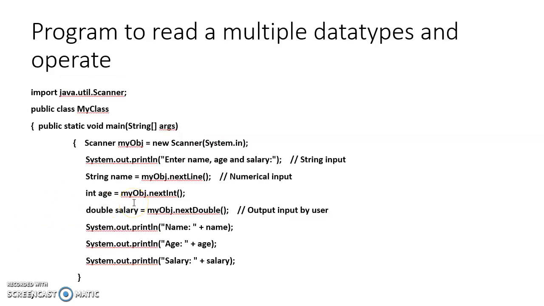Now I just wrote another program where you're having multiple data types. What happens here is, I'm entering an employee database. I'll be using name, age, and salary. These are the three data types that I want. Name is a string, age is an integer value, and salary is a double value. So I'm using each method, nextLine, nextInt, and nextDouble, for running this particular program, and you can see that it will be displaying it.